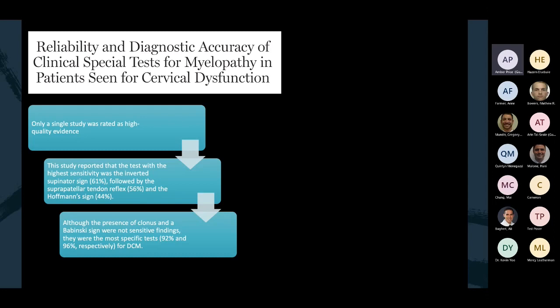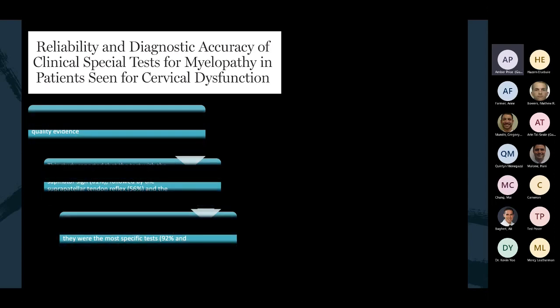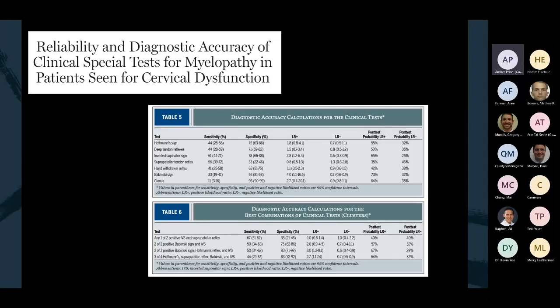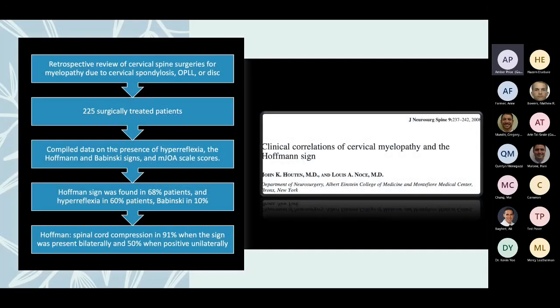Clonus and Babinski are not very sensitive findings, but when they're present, they are very specific, 92 and 96%. And this is a table of their diagnostic accuracy, and as you get more of the Hoffman's, suprapatellar, and Babinski signs, your accuracy and post-test probability increase.